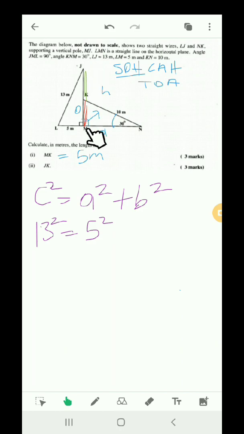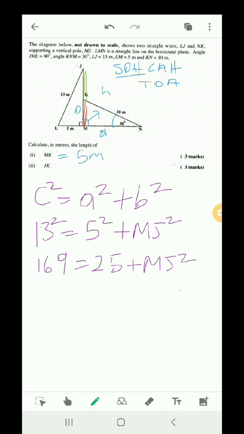That's MJ, so we'll say plus MJ squared. Alright, so we're going to work out 13 squared, and 13 times 13 is 169, which is equal to 5 squared. 5 times 5 is 25, plus MJ squared.